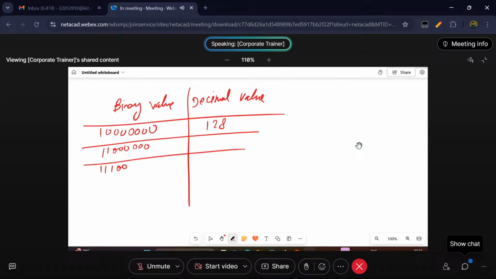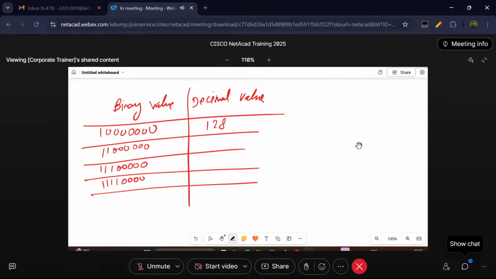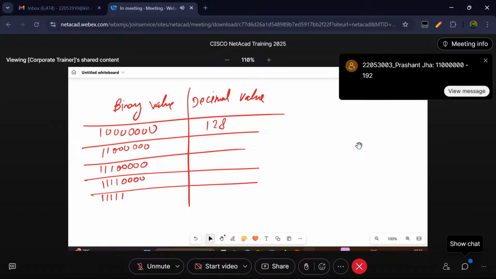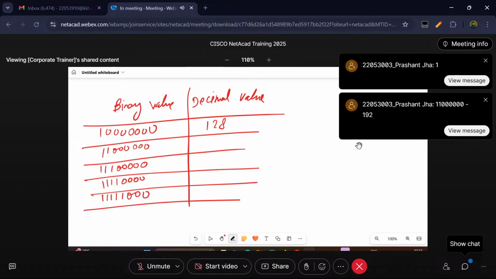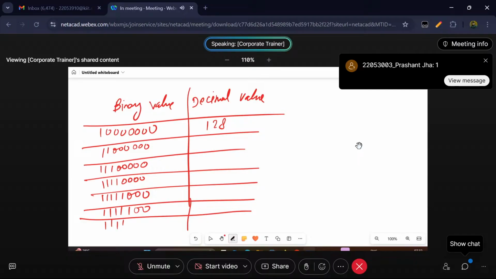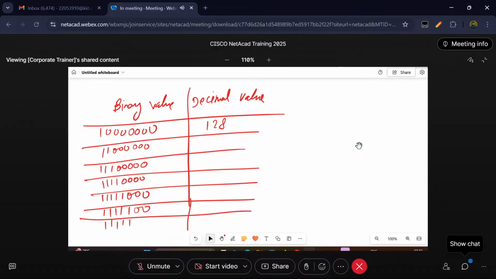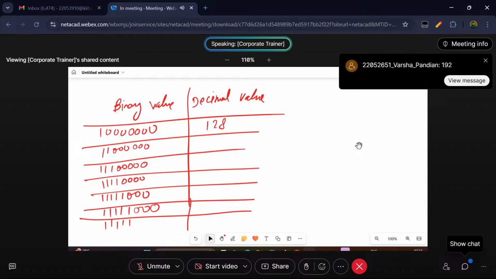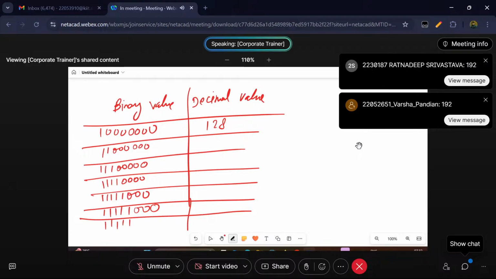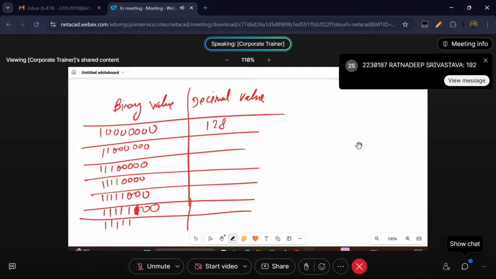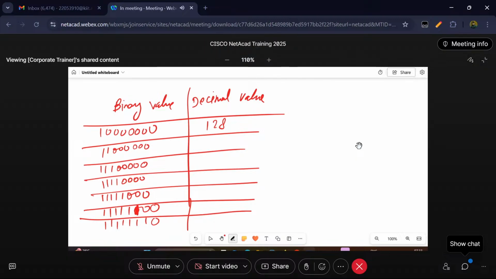11100, then 4 times 1 and 0 0 0, again 1 1 1 1 0 0 0, 1 1 1 0 0, next 5 times 1, 6 times 1, 7 times 1, and the last one is 8 times 1.